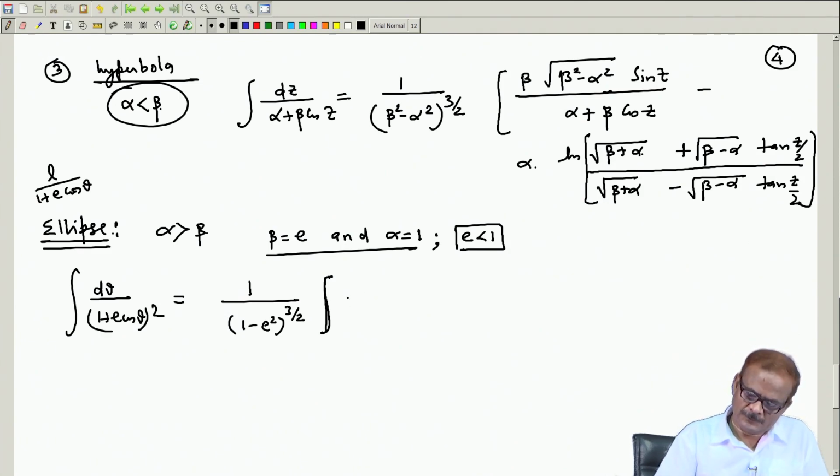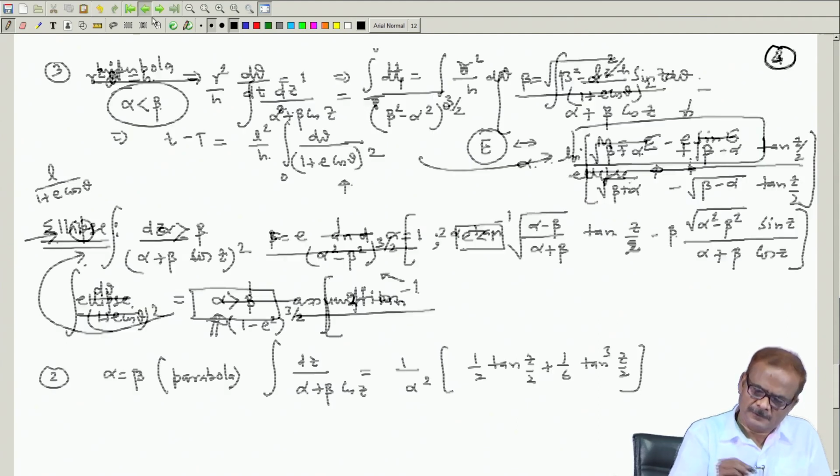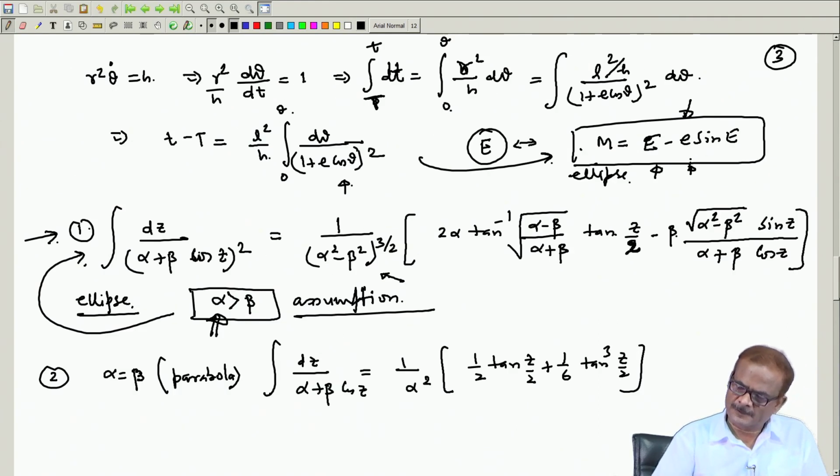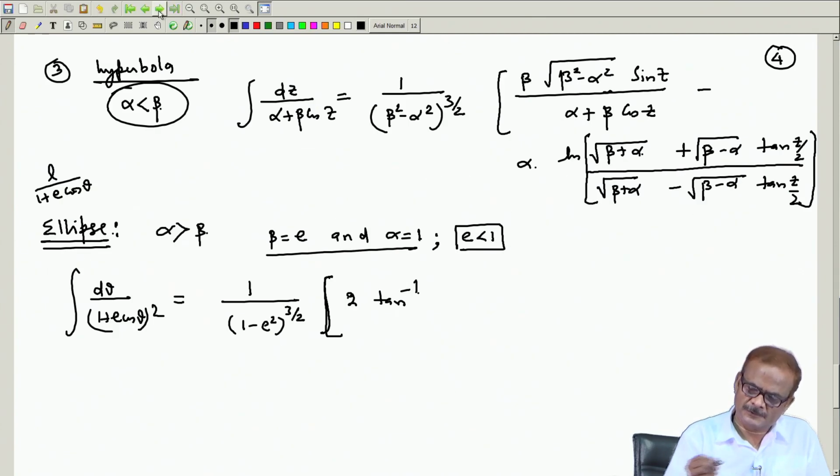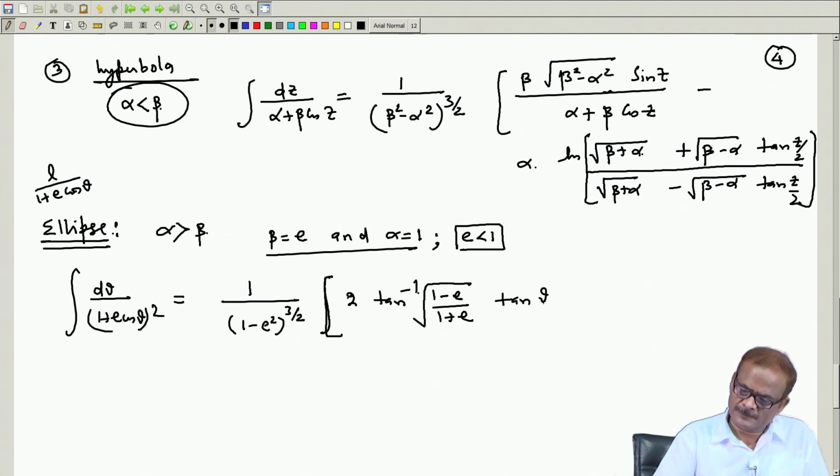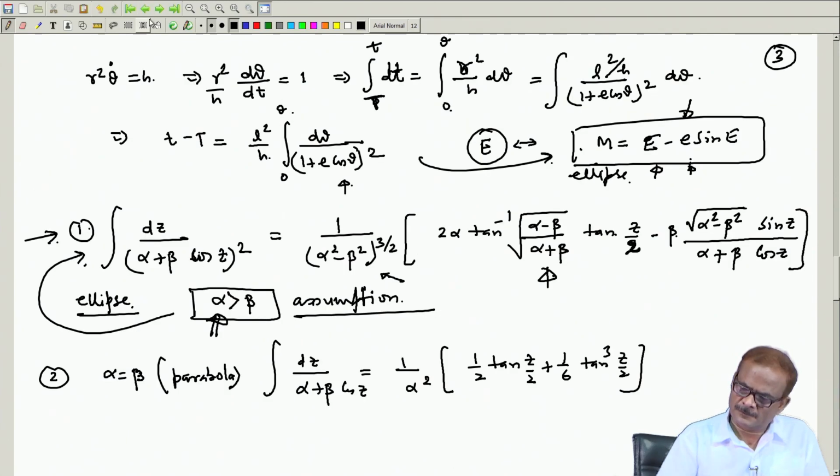And the rest of the things we have to write here, 2 tan inverse of, with alpha equal to 1, beta equal to E. Here in this place we have to insert all those values. So, the square root of (1 minus E) by (1 plus E) times tan theta by 2, z is replaced by theta here in this case.